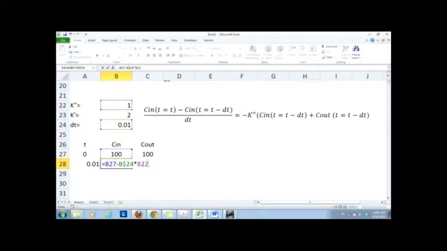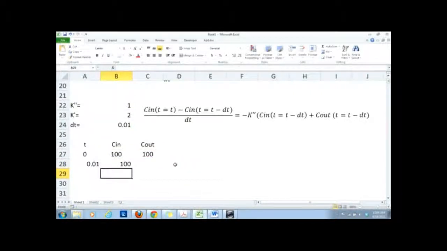For K double dash, again I put a dollar sign here, and then into C in minus C out. Here I'm not putting a dollar sign on C in and C out, because C in and C out are not constant and they will change with time. So I'll press enter here.